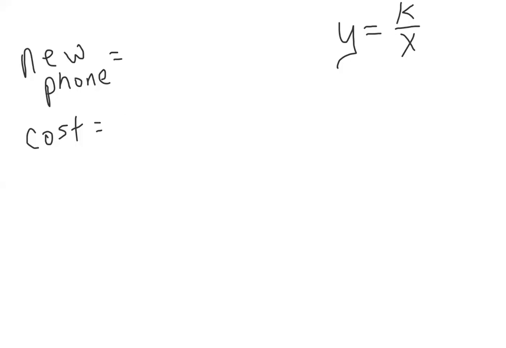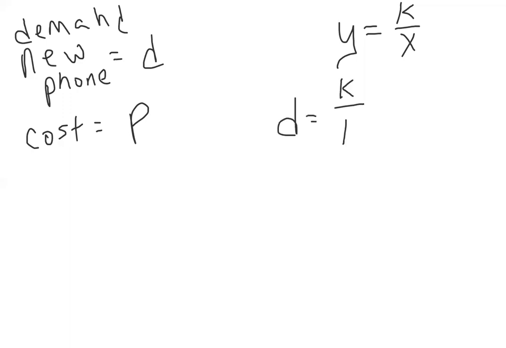I'm sitting there reading that. Demand for new phones, reason why they're calling it D. I hate it when they use cost and then turn around and say price. Sorry. So we lead with the phone, demand for phones. So that would be my Y. The part that is to the left of the word inverse or direct is the Y portion. So we have a D equals K over P.